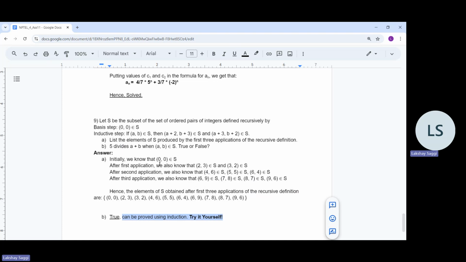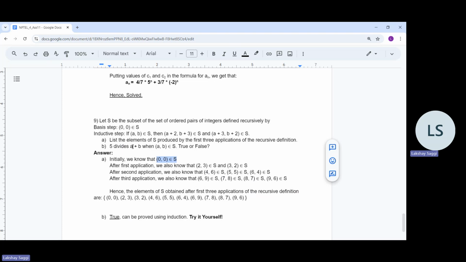The inductive claim can be something like this: we know that initially the element (0, 0) belongs to S. So this is the base case. For the inductive case, suppose after n iterations, all the elements of S have the property that 5 divides A plus B. Then even in the n plus 1th iteration, you can prove that this property is preserved.